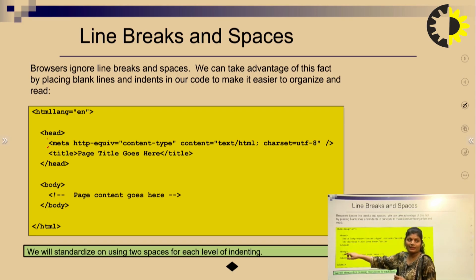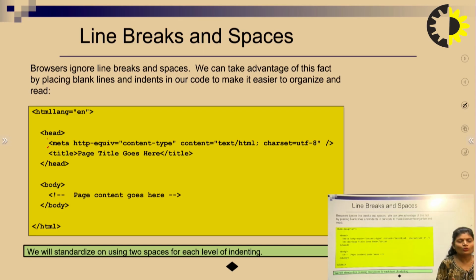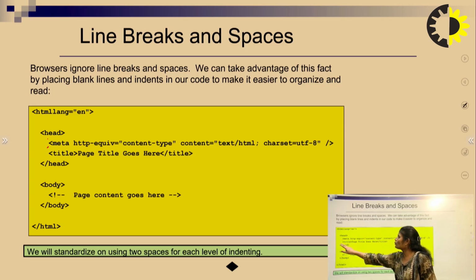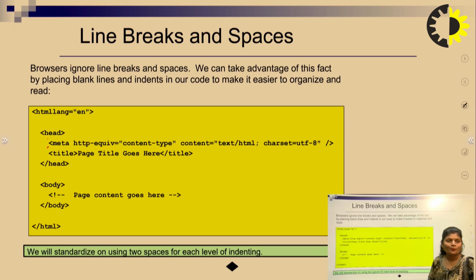When we write body and, in the body part, a paragraph, we provide some indent here. So browsers ignore line breaks and spaces, which is an advantage for us, and we use this to indent our code to provide a proper structure and better understanding. We will standardize on using two spaces for each level of indenting. So to provide indentation, we use two spaces.